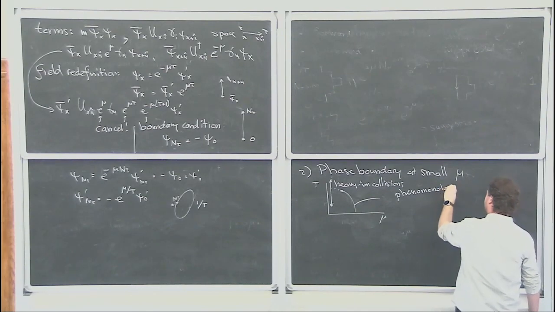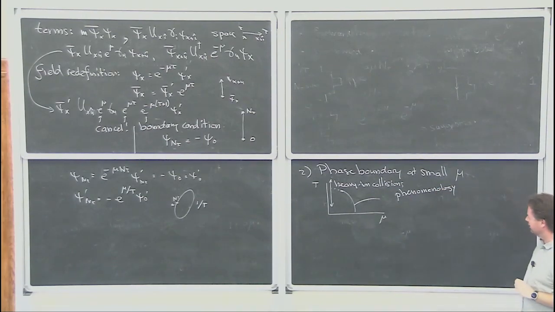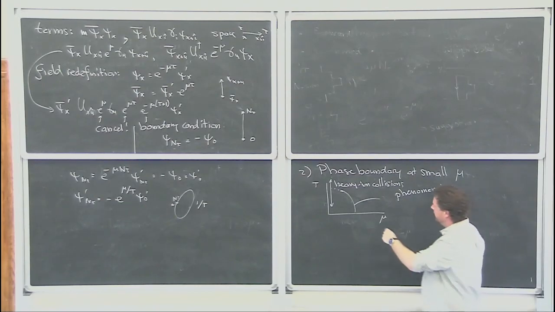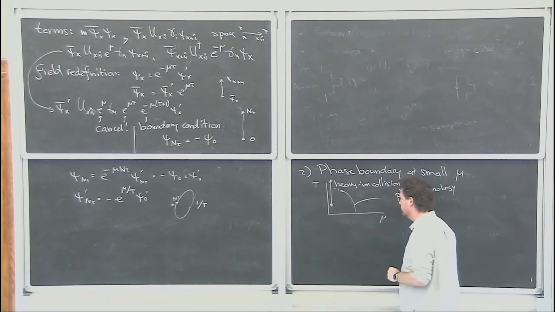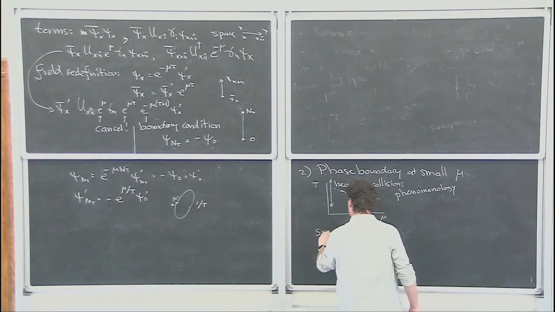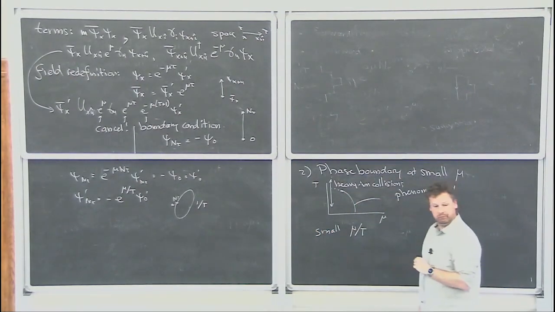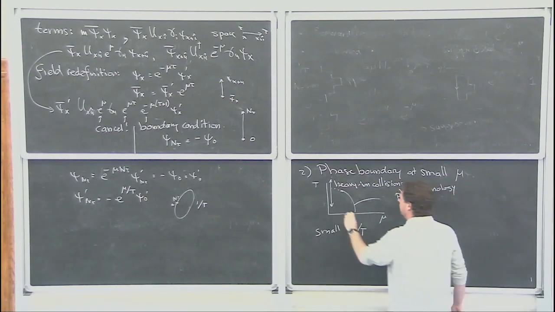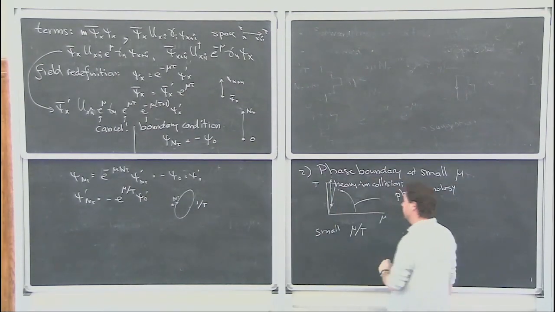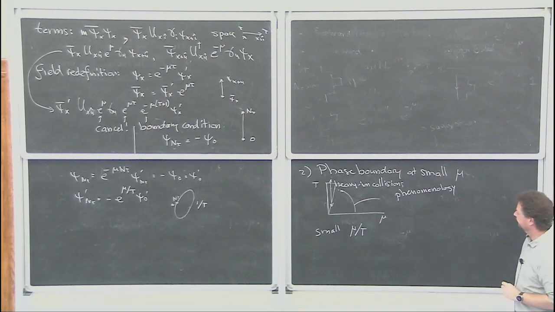I have to say it out loud, otherwise I miss a syllable. So there's a lot of interesting phenomenology which you can extract in this region of small mu. And so this basically means small mu over T. So in this kind of wedge here, there's a lot of interesting physics to extract.